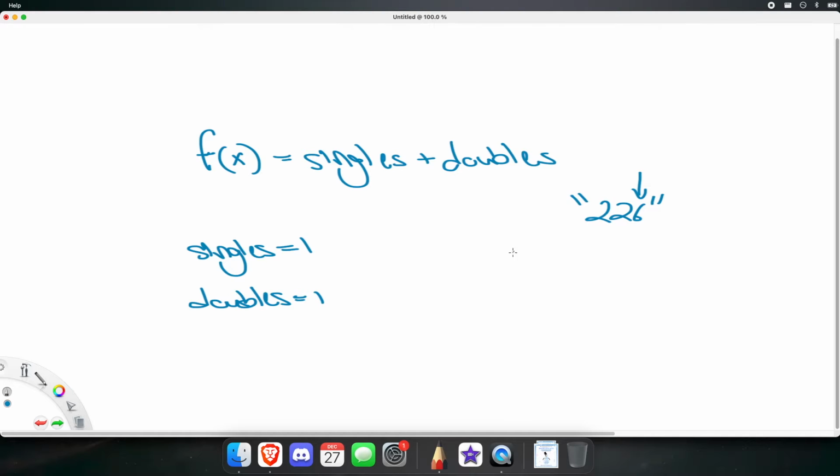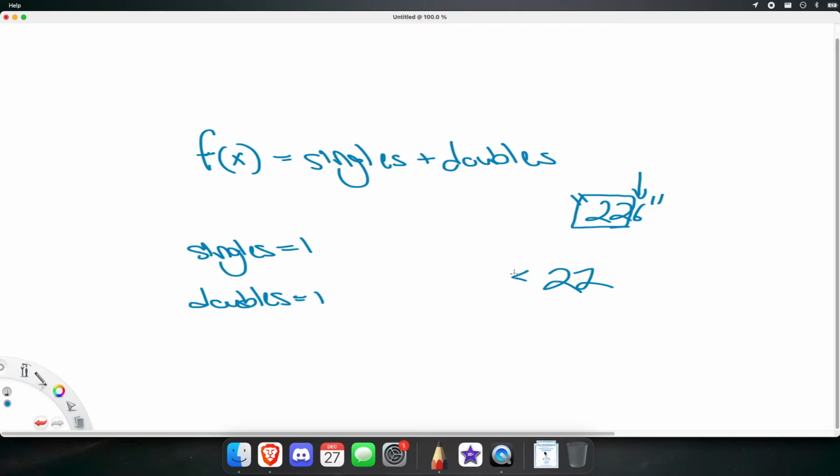But something is going to change. In this case, the 2 is not a 0, so we don't have to reset singles, but the singles count is still going to change. The reason is that the previous two numbers, once we group them together, make 22.